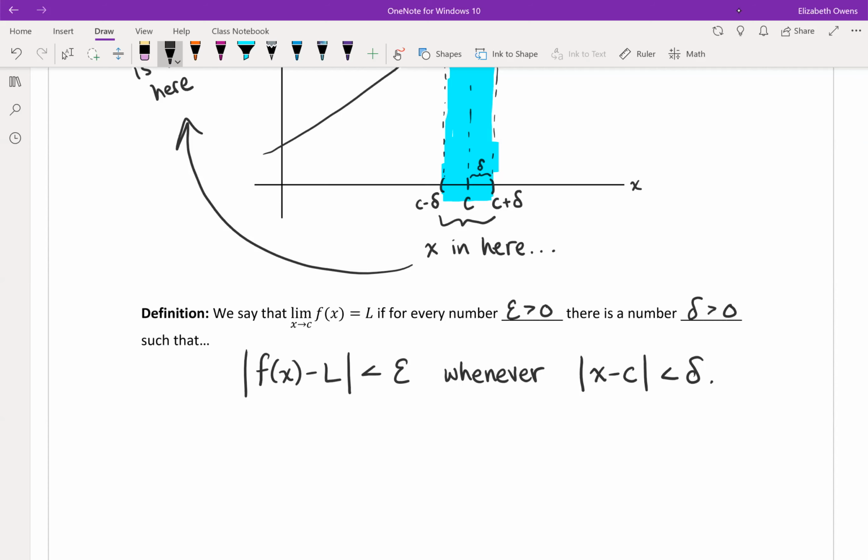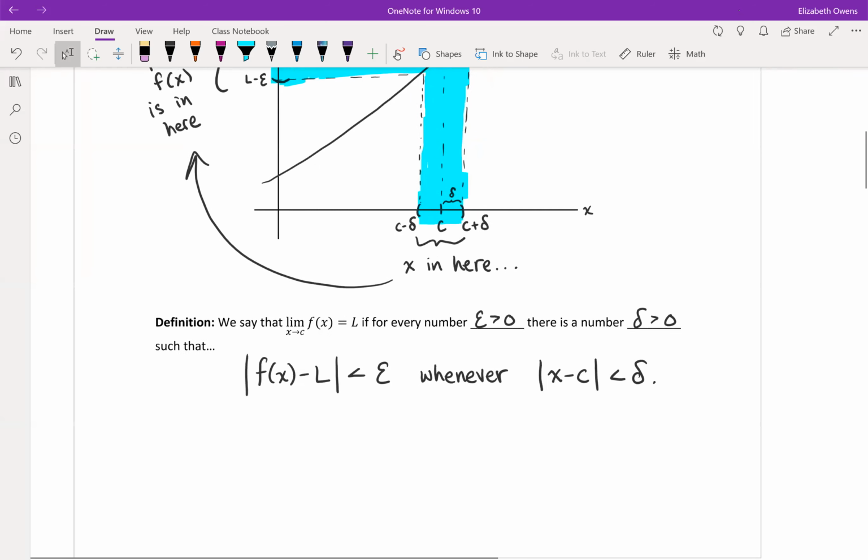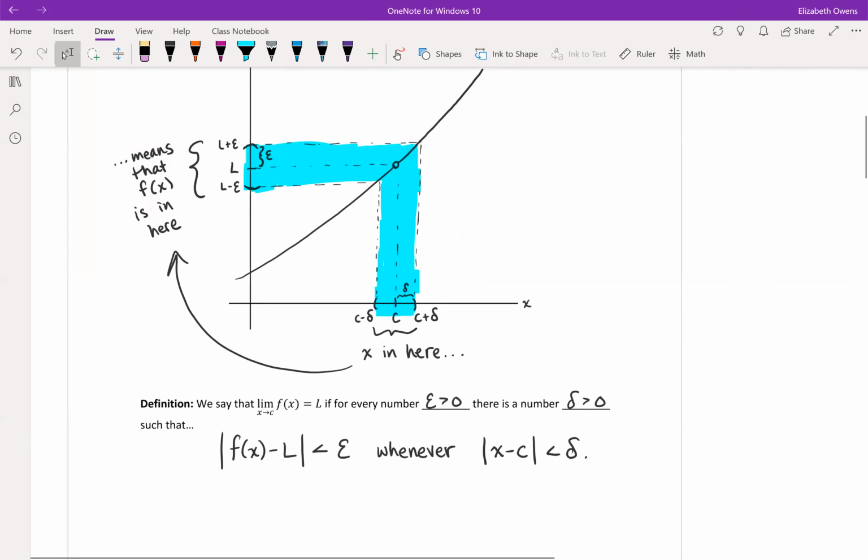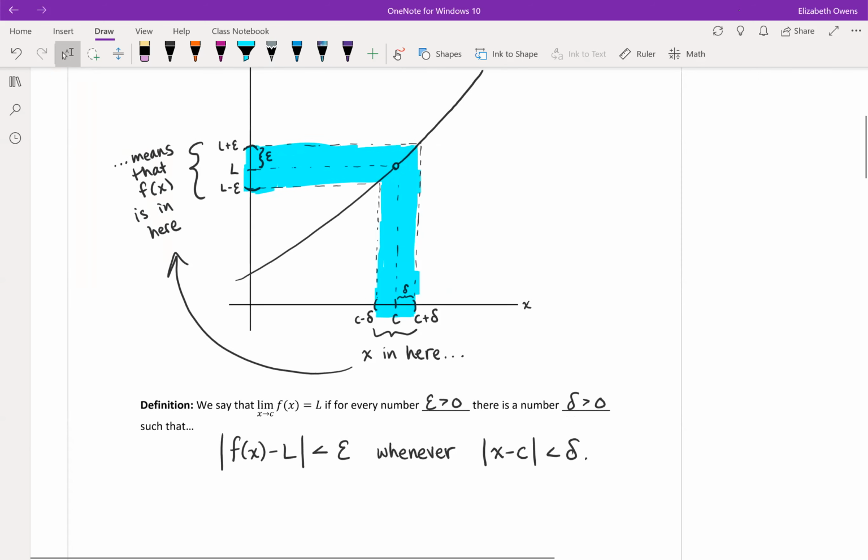Now, this statement might look a little intimidating at first, but it really goes right along with the picture that we just drew. The thing to remember here is that absolute values simply represent distances.